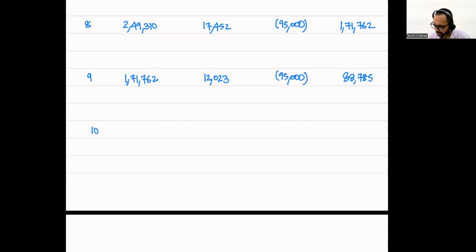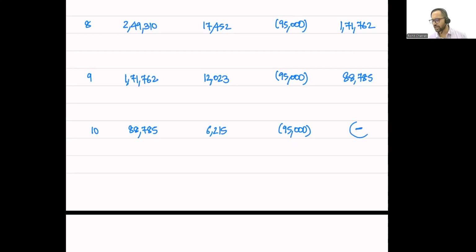For year 10, I'm going to have a beginning balance of 88,785. I am going to calculate interest at the rate of 7 percentage, which is going to be 6,215 less 95,000 of payment. The closing balance should ideally become equal to zero. Let us see whether it's exactly going down to zero. Yes, it is exactly going down to zero.